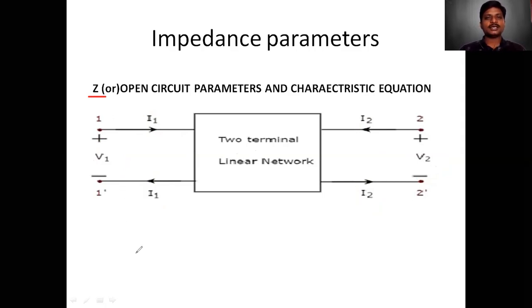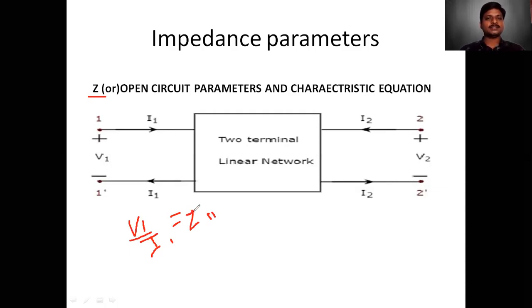So here you can write V1 by I1, that is one impedance. V1 by I1 is called Z11. Similarly, you can write V2 by I2.